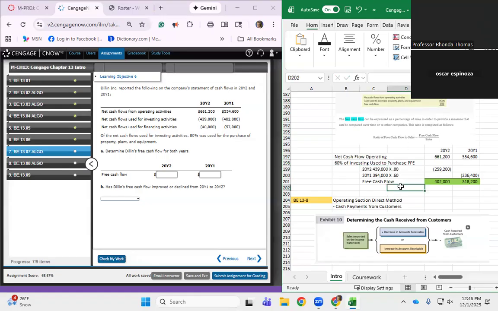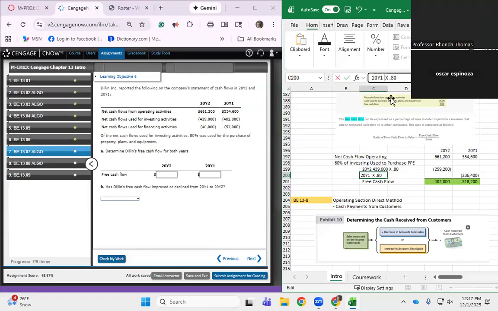All right, so we're going to do 80% of the investing activities for year 2, and then 80% for year 1. Okay, so let's go ahead. And we're going to have to do some subtracting first to get that free cash flow.